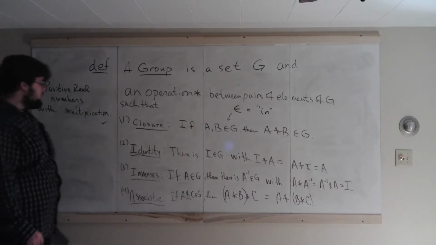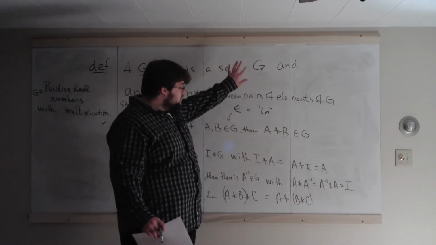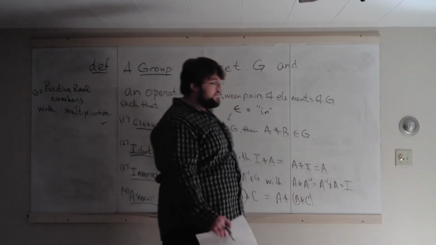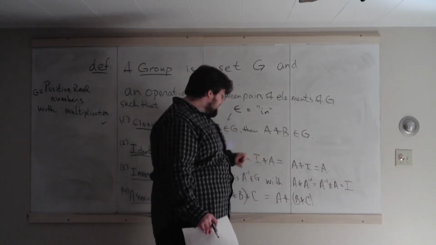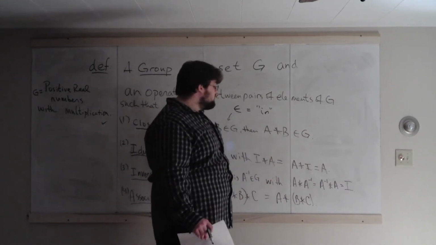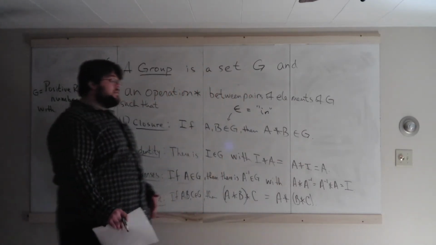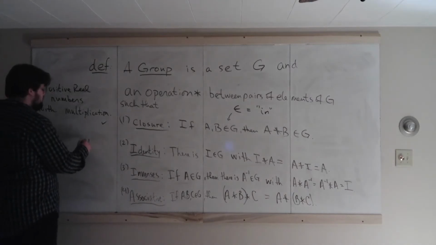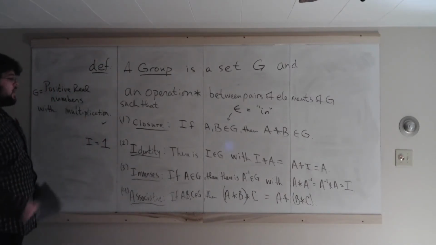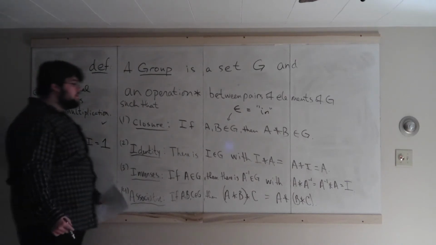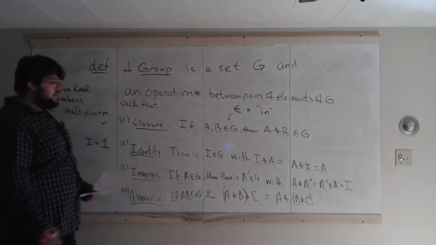Is there a number such that it times any element is the same as any element times it is the same as that element? Yes. The identity equals 1. 1 times anything is that anything, and anything times 1 is also that anything.